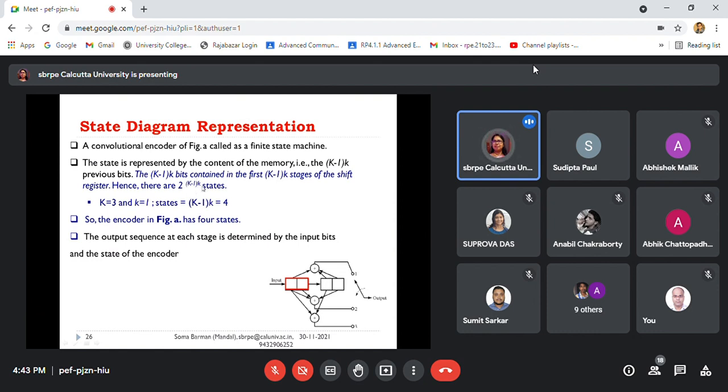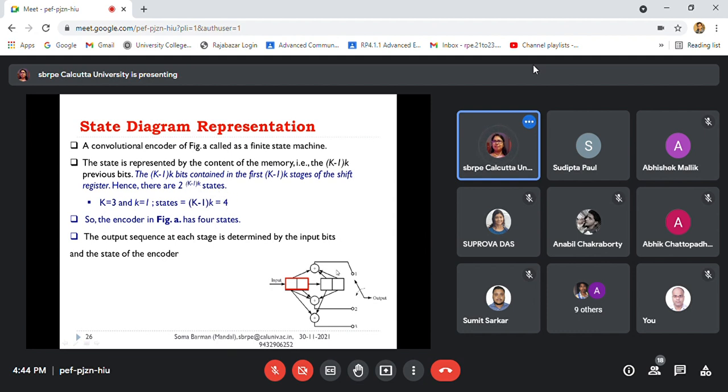So if your encoder has 2 memory elements and a single bit of information is coming in, our memory can hold a single bit. So the number of states will be 2 to the power capital K minus 1 times small k. For our case, small k, the message, is 1 and capital K is 3, so 2 to the power K minus 1 times small k will be 4.